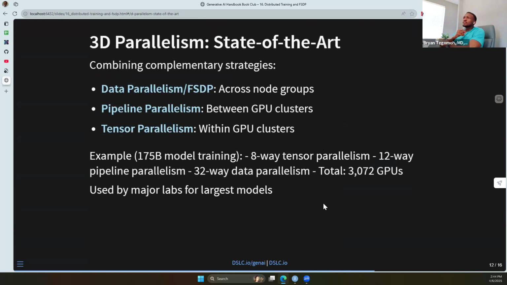in order to ensure that we have the best performance of this model, especially when it comes to parallelism. And here, I read about this 3D parallelism that combines data parallelism, like the FSDP that I was just talking about, pipeline parallelism, model parallelism, and tensor parallelism to scale up training massively, as it's currently being done by some of the leading large language model labs.